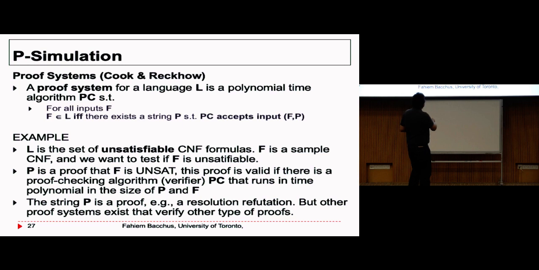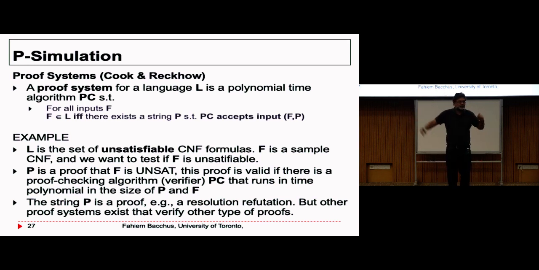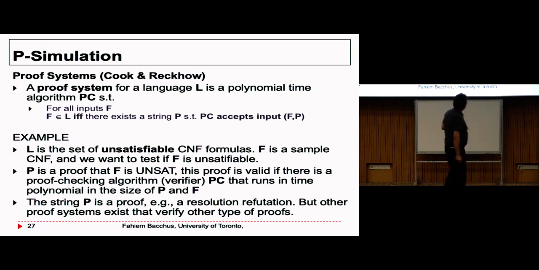So for example, if we take L to be the set of all strings that are unsatisfiable CNFs, then we can take our proofs to be resolution proofs, sequences of clauses, and in time polynomial in the resolution sequence and the input formula, we can determine whether or not that resolution proof really is a proof of unsatisfiability for F. Okay?